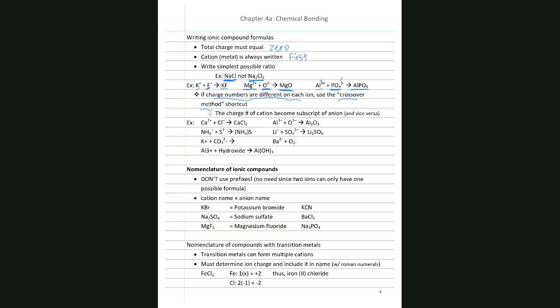So here we've got calcium and chloride. Calcium has a 2+ charge, chlorine has a 1- charge. So if we put that 2 down here and we put that 1 down here, we get 1 calcium and 2 chlorines, calcium chloride. The other way to think of that is to just do the math. So NH4 and S, we have a 2- charge, but we have a 1+ charge.